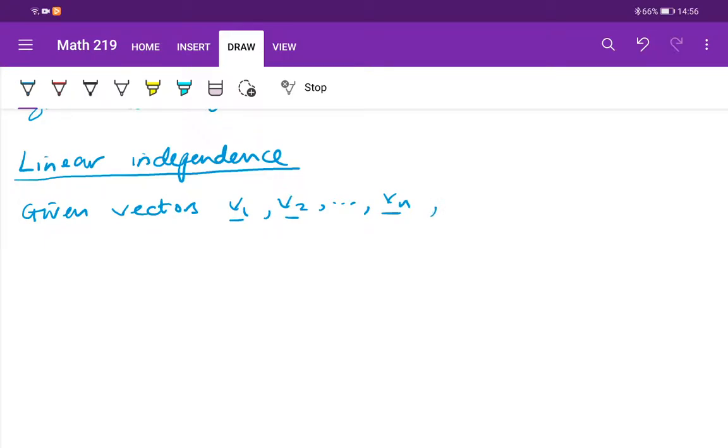Vectors are things you can add and multiply by scalars, and that's the general definition of them, really.